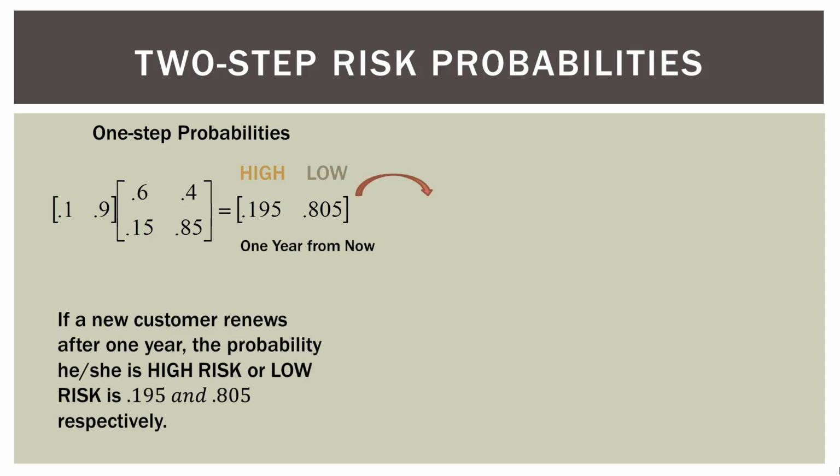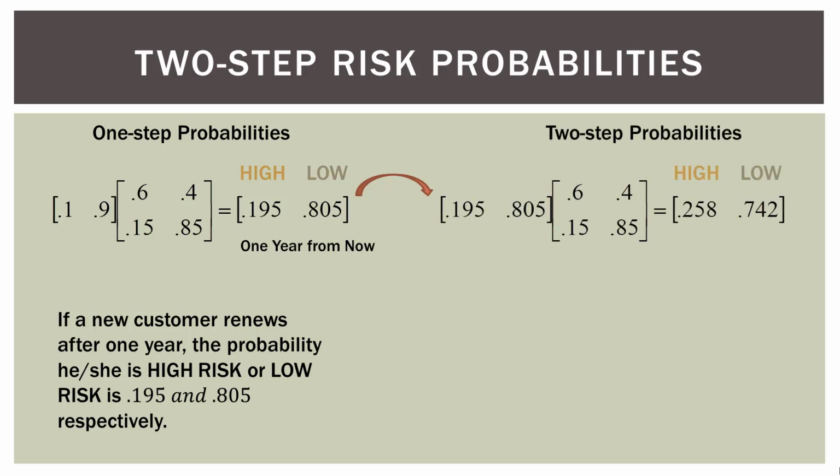So if we go one more step into the future, what can we do? Well, we can take our answer from the one-step probability, multiply it by our transition matrix again, and then we have a two-step probability. So 0.258 of being in the high-risk category, and a 0.742 probability of being in the low risk.